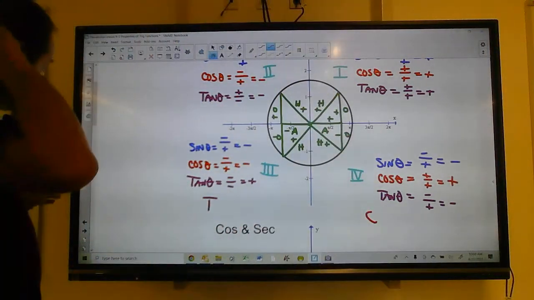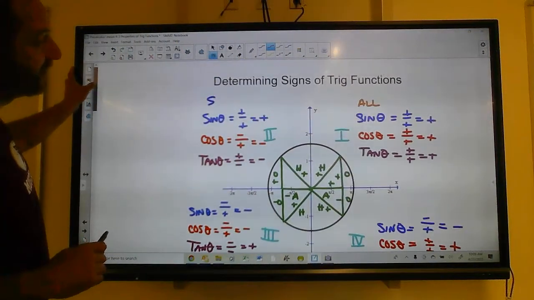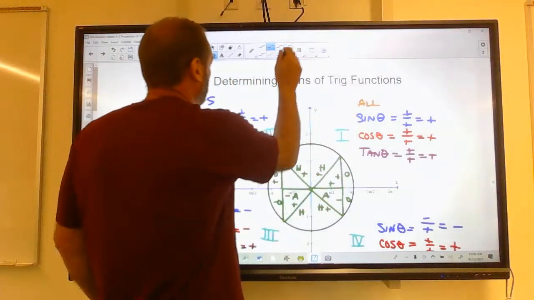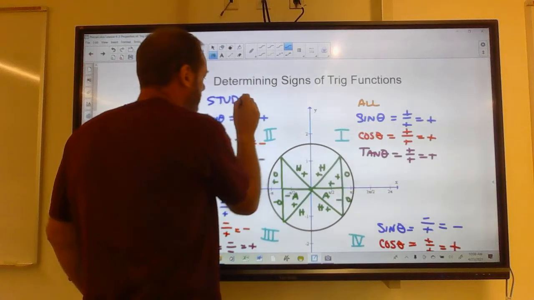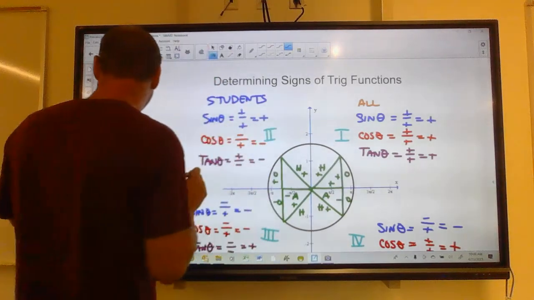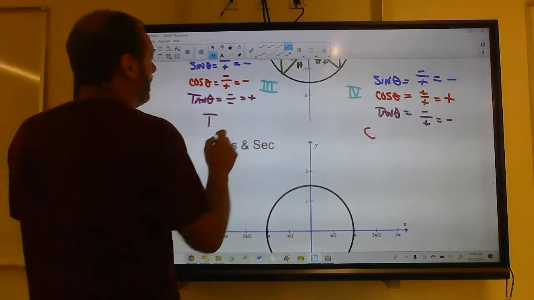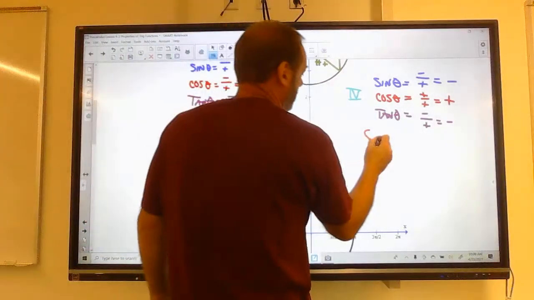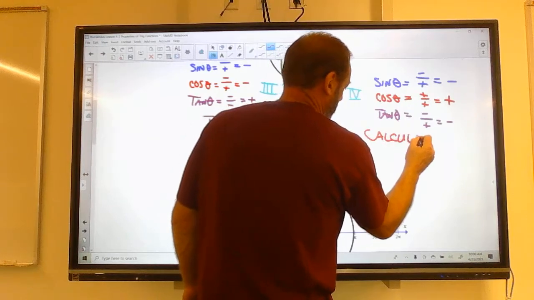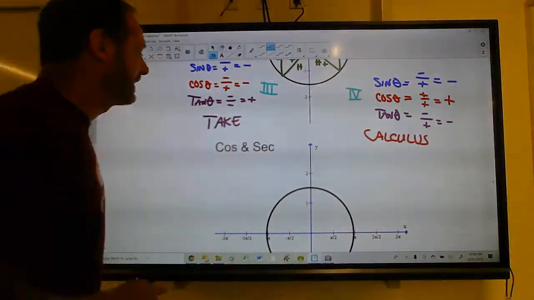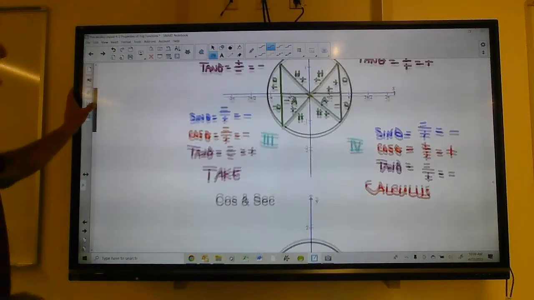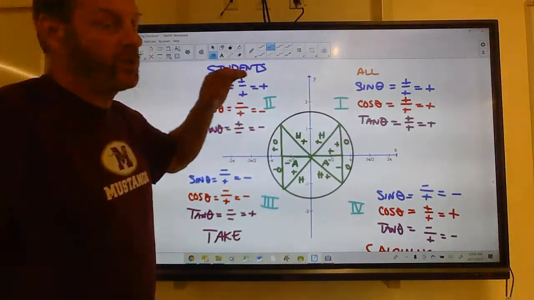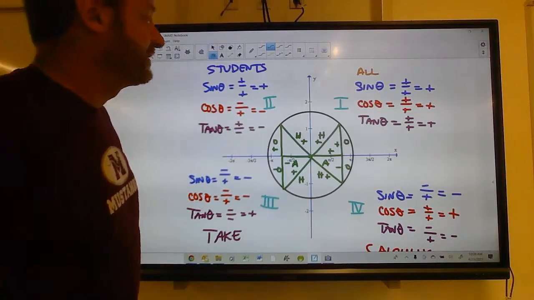Now, there's a phrase that's going to help me remember this. So here's the phrase. All students take calculus. All students take calculus. And what does that tell you? That tells you which quadrants each function is positive in.